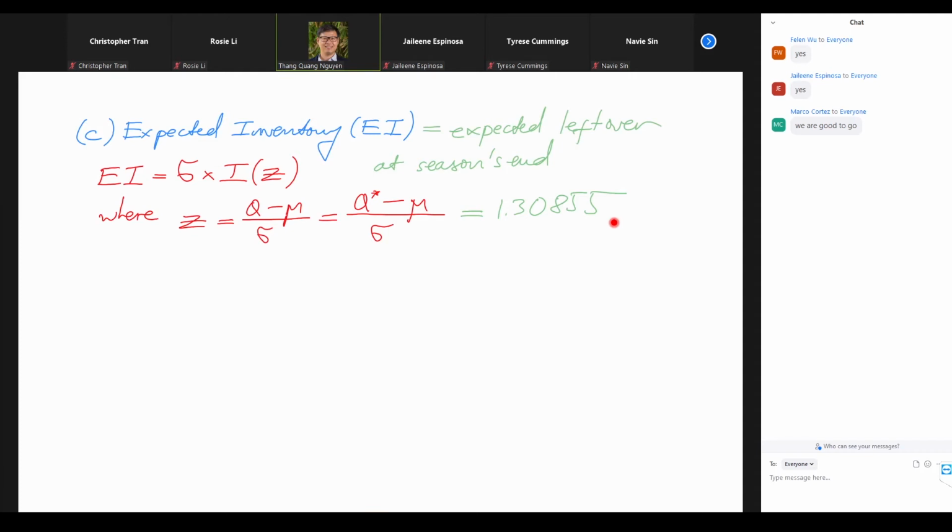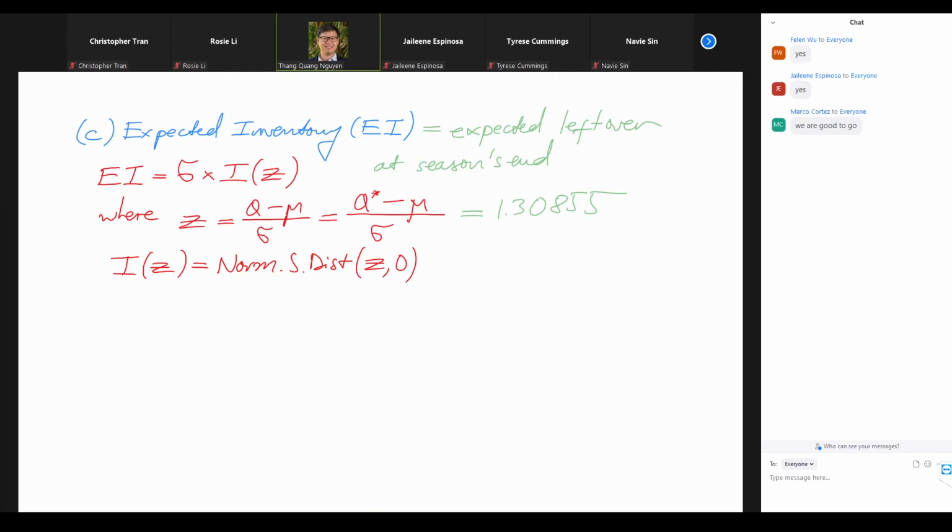All right, so next we're going to find the IZ function. Now we have the Z, we put the Z inside the parentheses to find the IZ. The IZ looks a little bit cumbersome. It is a result of some integrals, so a numerical integral. It goes as the following: we have NORM.S.DIST of the Z value comma 0.